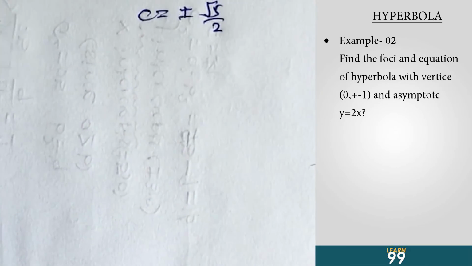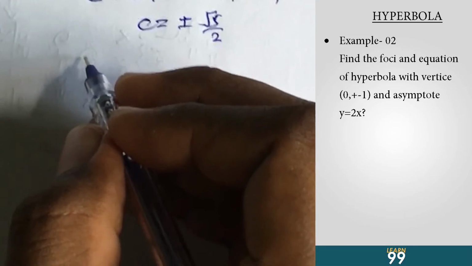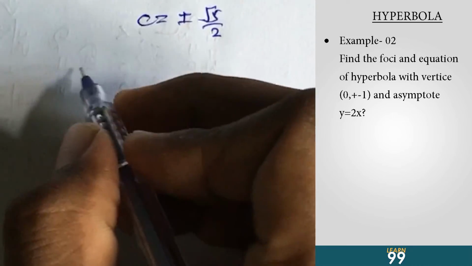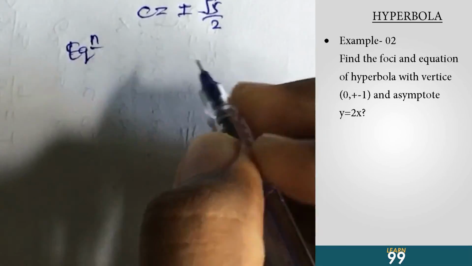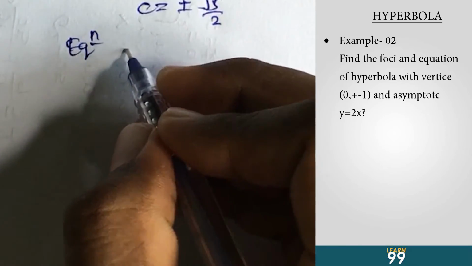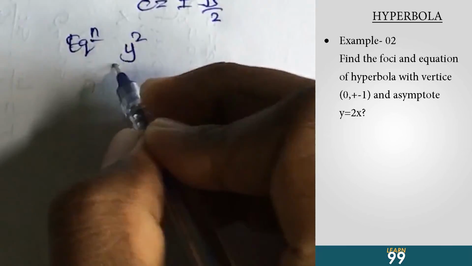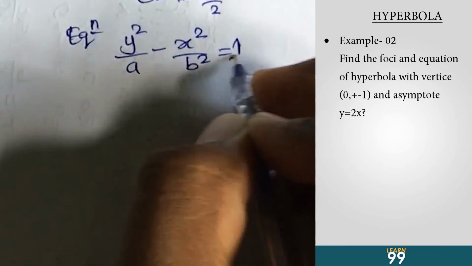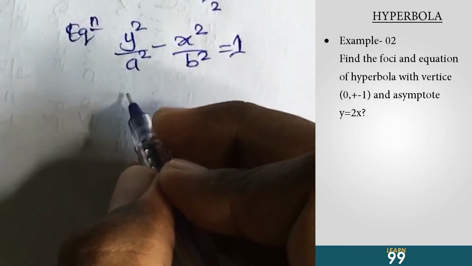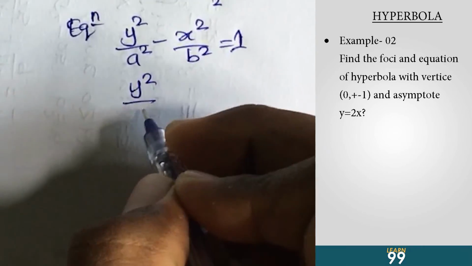So here our equation should be y squared over a squared minus x squared over b squared equals 1. So let's substitute our values. We get an equation like this.